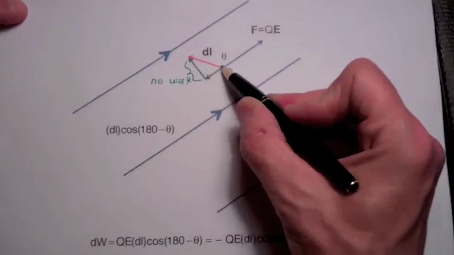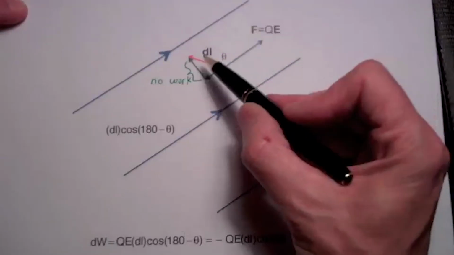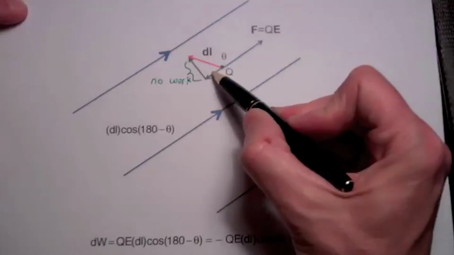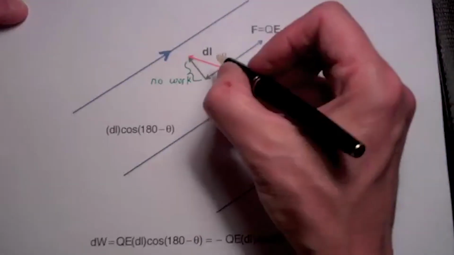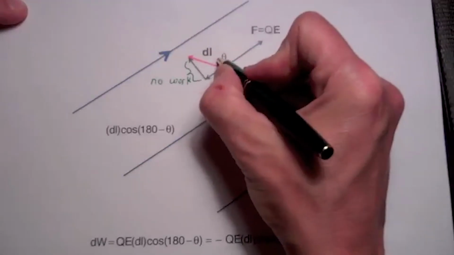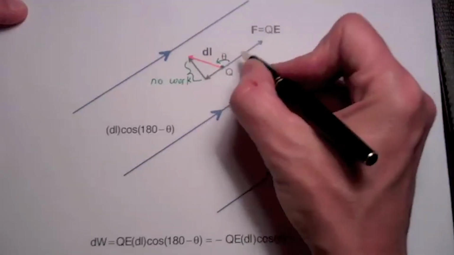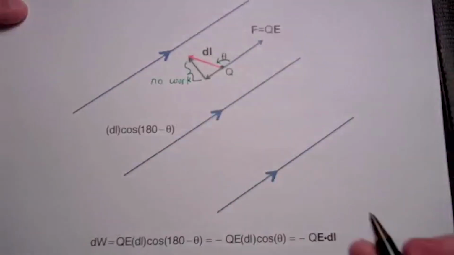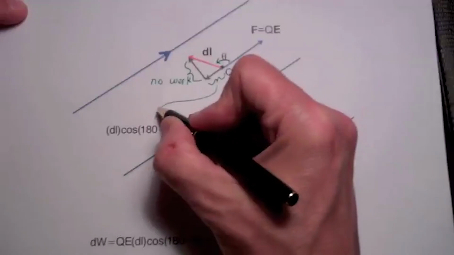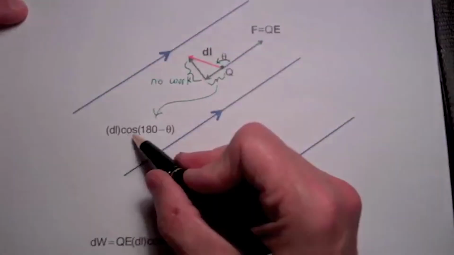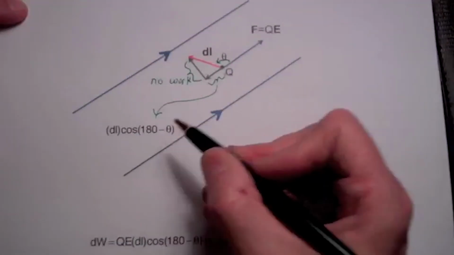And this distance right here will be dL times the cosine of this angle right here, which is 180 degrees minus theta, where theta is the angle between the electric field and our actual displacement. So this length right here is given by dL times the cosine of 180 minus theta.